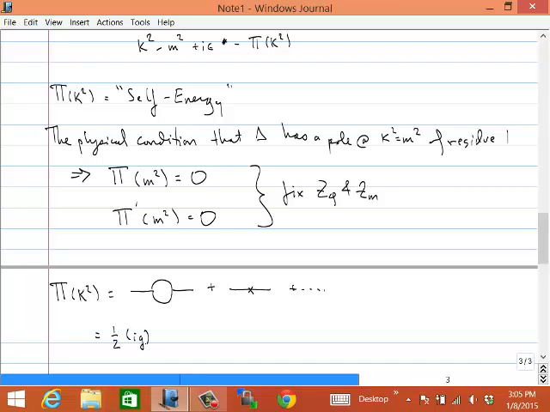this is our usual Feynman diagram. Here k is the incoming momentum, and you get a 1/2 from the symmetry factor, and the coupling squared, g squared, because we have two interaction vertices.